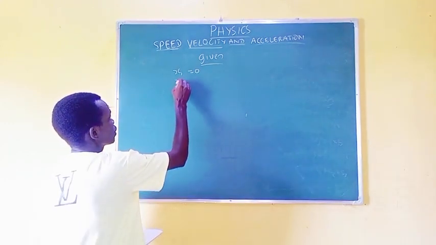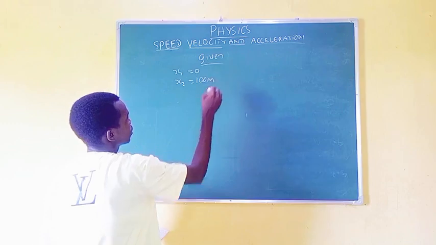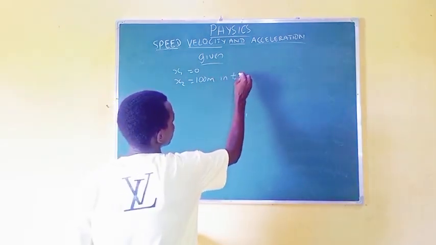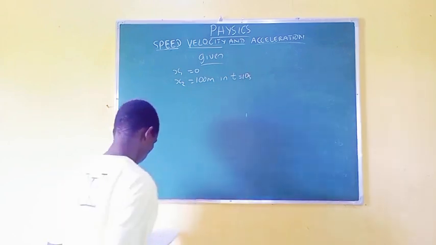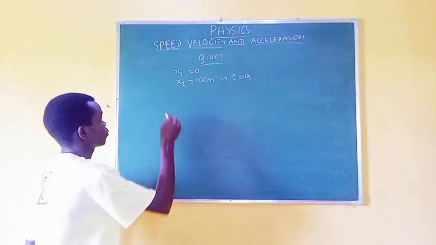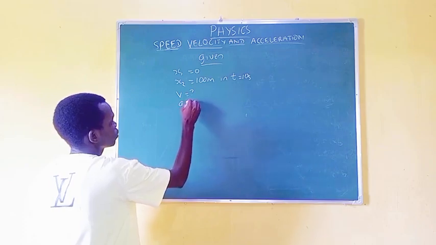We have the final displacement to be 100 meters in 10 seconds, which is the final time. So we should find the velocity and acceleration.